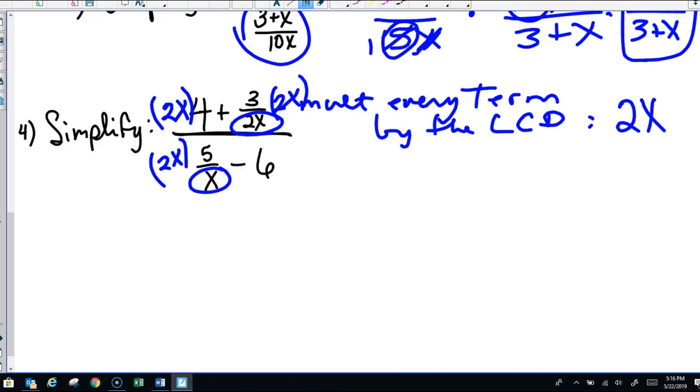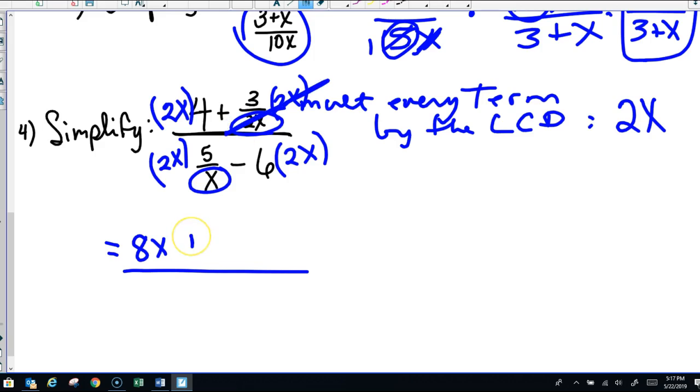And what that's going to do on the ones that are fractions is make them cancel out those denominators. So up top, 2x times 4, that was not a fraction, it's just an 8x. But now, 2x times 3 over 2x, those cancel and leave just plus 3.